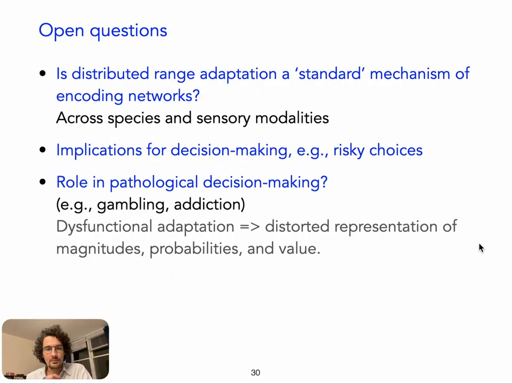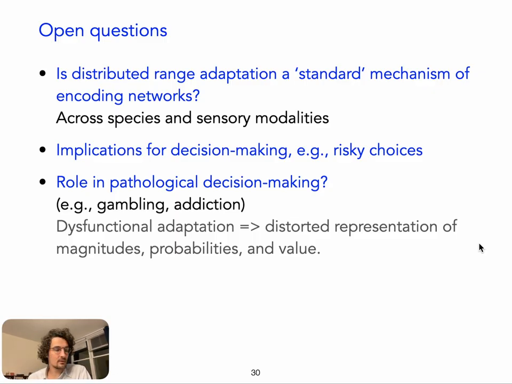And so there are many open questions for the future. One question is this hypothesis, this mechanism of distributed range adaptation, is it a standard mechanism of encoding networks? So can we find it across species and across different sensory modalities? What are the implications of this flexibility of the neural code for decision making, and maybe, for instance, for risky choices?